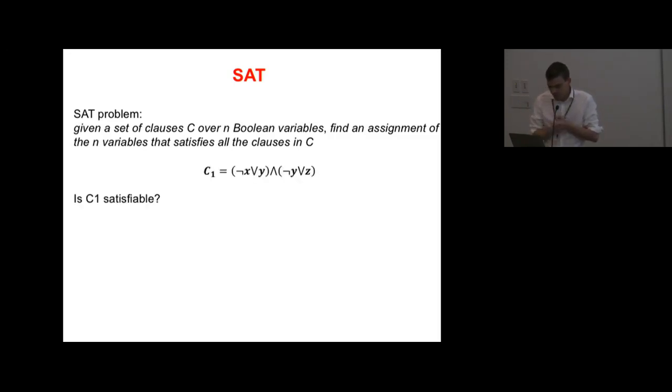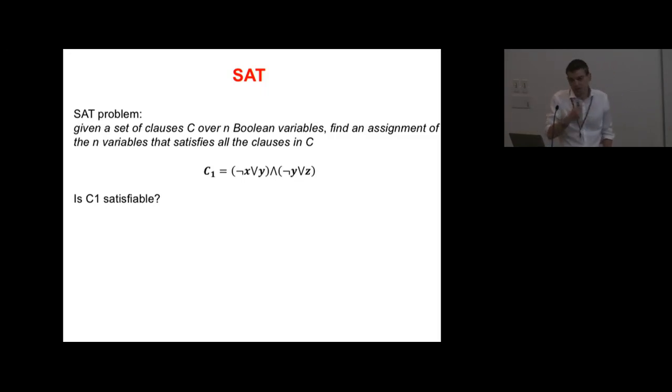For example, if you have this formula, is this set of clauses satisfiable? Meaning, can you find an assignment to the variables so that the formula is satisfied? I won't go ahead until you answer, otherwise we stay here until night. And then the following question is, why? Otherwise 50% chance is too easy. The answer is yes, you're right, but why? Or, in other words, can you give me one possible assignment that satisfies this formula?